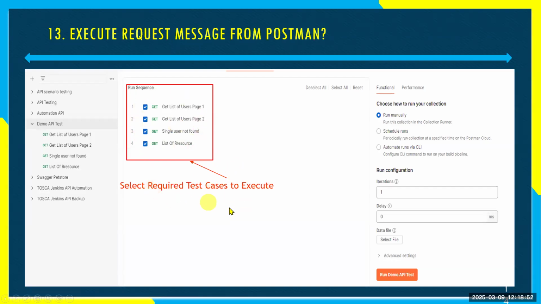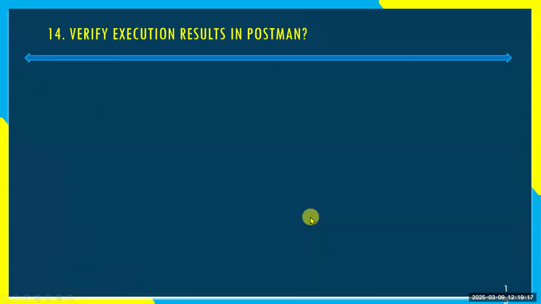It will ask which test cases you want to execute. For example, I want to execute all the test cases. There are checkboxes. If you don't want to execute any one of the test cases, uncheck the checkbox. Set the number of iterations here, and click on the run button, run demo API tests. It will execute all the test cases.